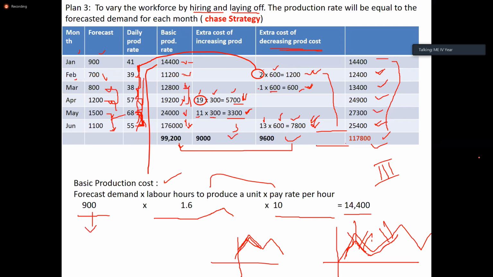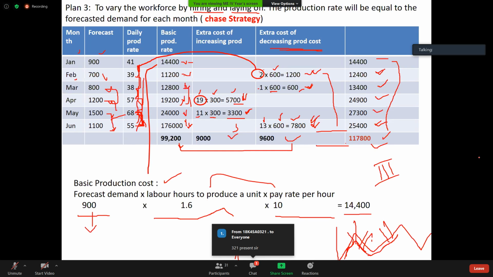Roll number 15. Sir, subcontractor. Who is he? What is your roll number? 315, sir. Okay. Roll number 320, absent. Roll number 307, 306. Sir, subcontract, sir, first method. Roll number 324, absent.